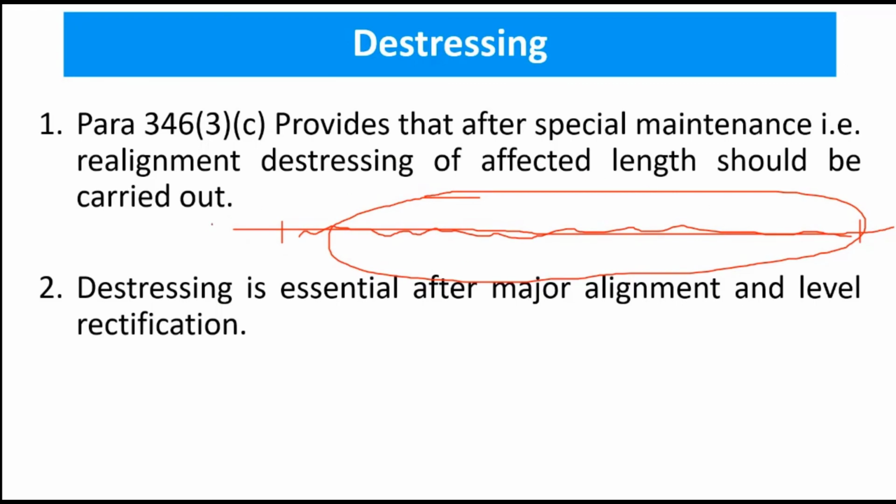One more thing is important, that it is very essential that we do the de-stressing by tensors. What will happen if we use the tensor and pull the rails? Whatever little imperfections are there in the rail also get stretched out.